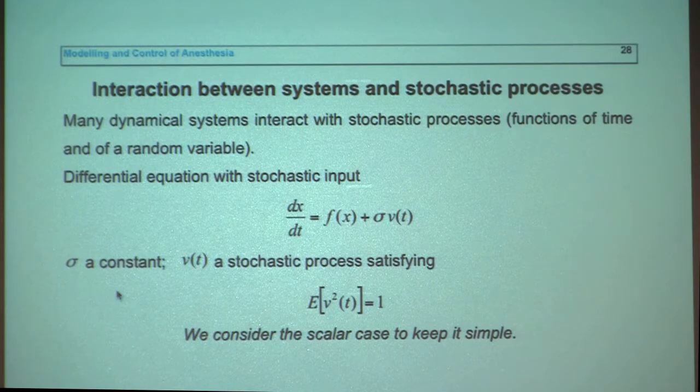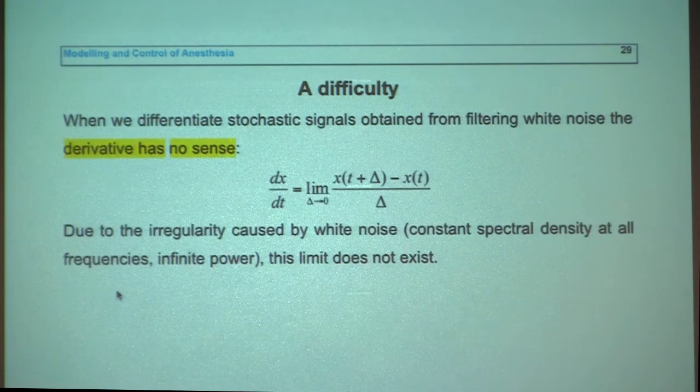Now, we have a problem. It's a slight problem, but we should consider it. The problem is that this equation has no sense if you place there white noise. Why? Suppose that you think of the derivative. The derivative is this limit. You pick x at time t plus delta minus x of t, divided by delta, and in the limit you get the derivative.